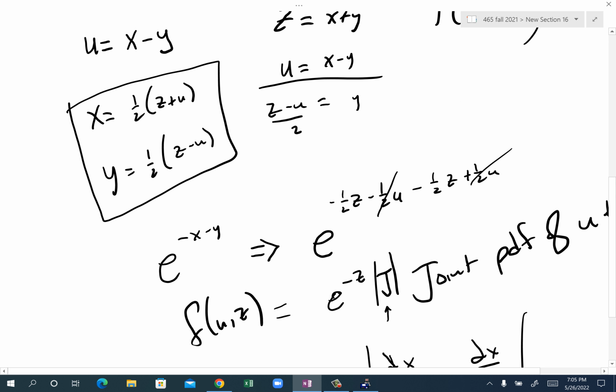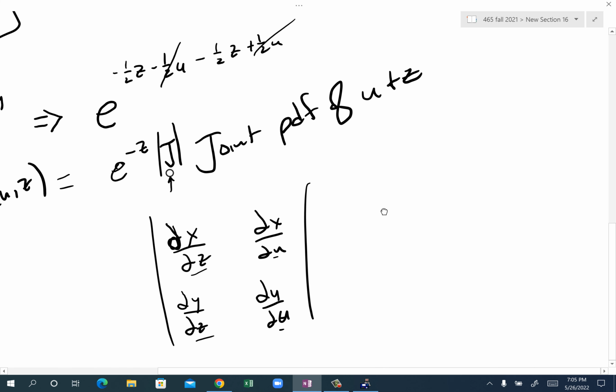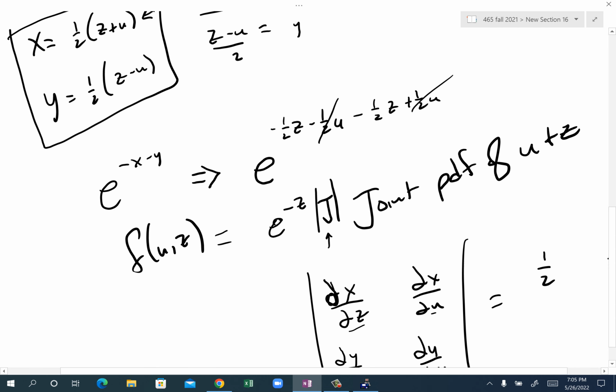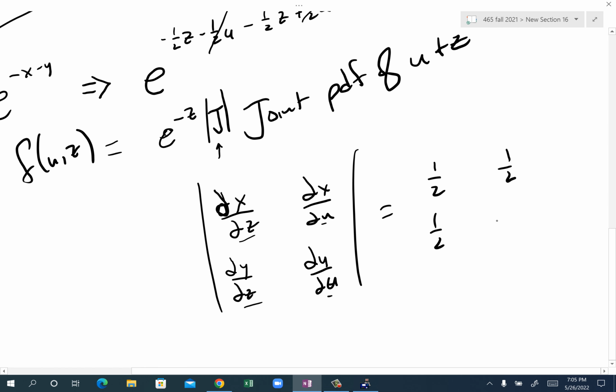Okay, so dx, dz is going to be 1/2 up here. You with me? And then dx, du is also 1/2. So you're going to have a 1/2. And then the bottom one, you're going to have 1/2 minus 1/2. And so the Jacobian would be negative a quarter, minus a quarter.